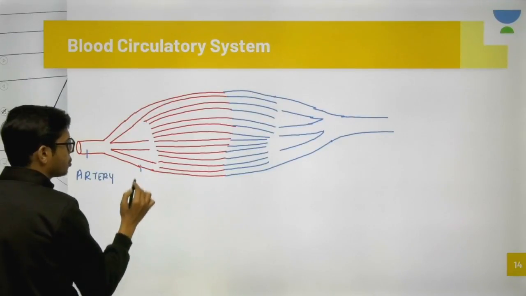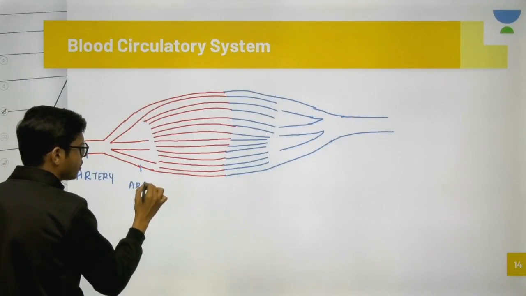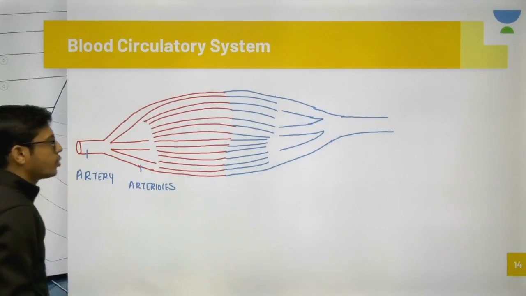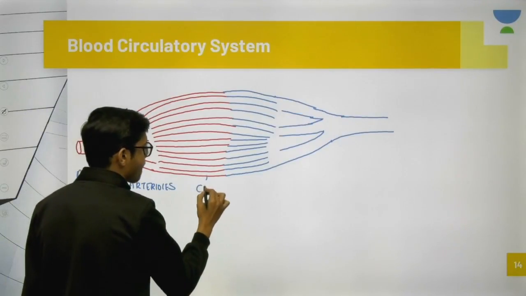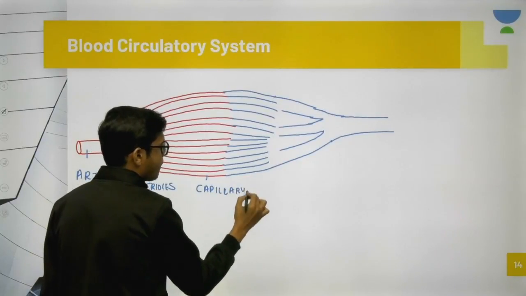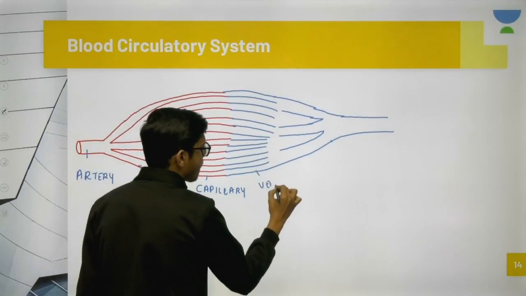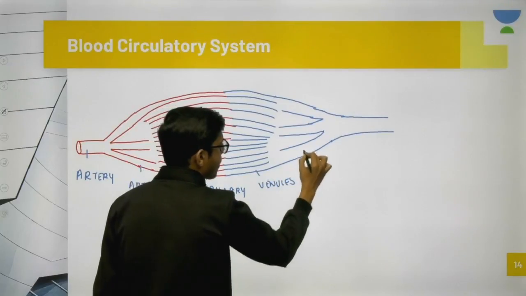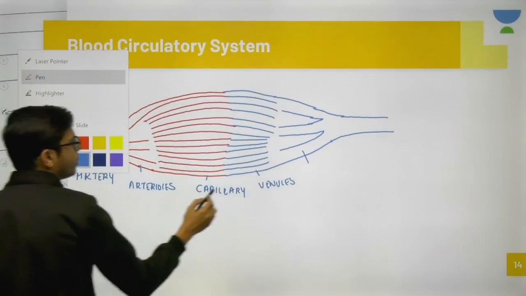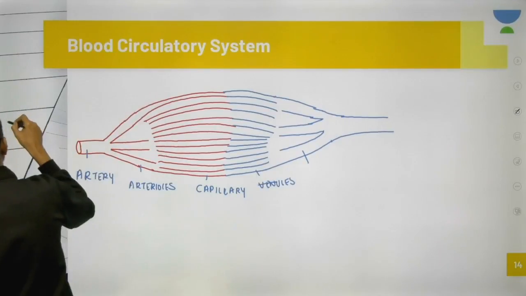This would be forming smaller arterioles. This would be my capillaries. This would be my venules. Capillaries. This would be the venules, no, not this.